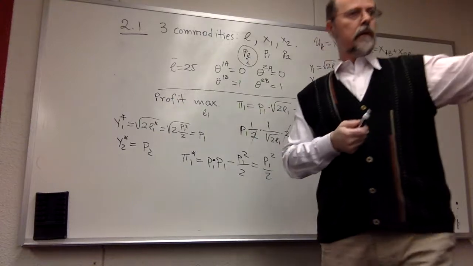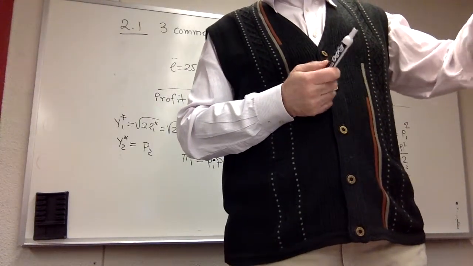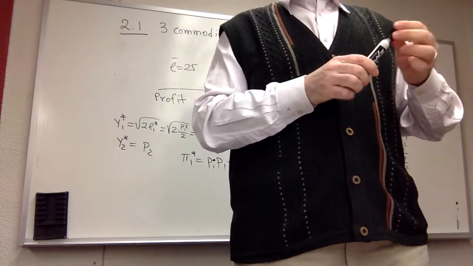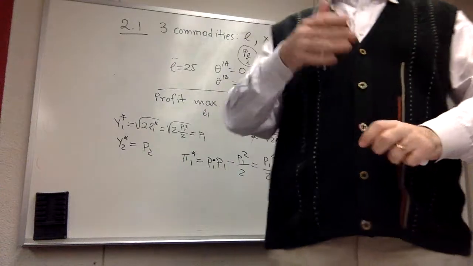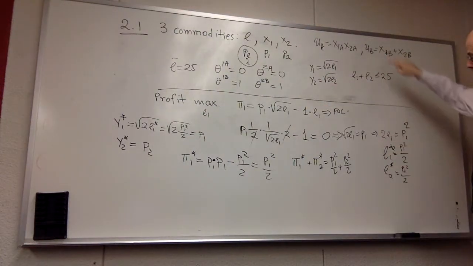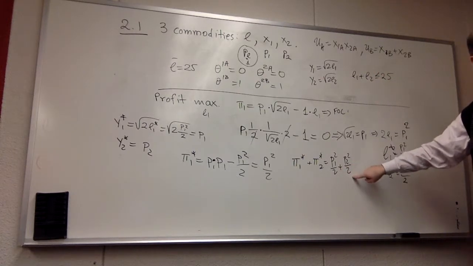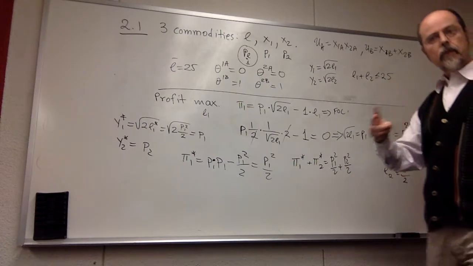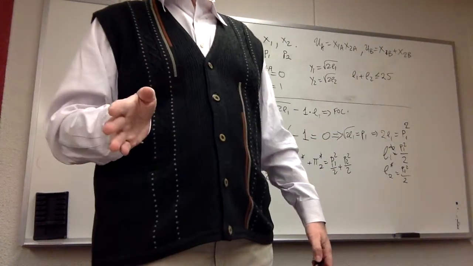So now you have a problem to maximize the utility of person 1 where the value of their expenses equals 25, and you maximize the utility of person B where the value of their expenses equals this, and from that you will have demand functions for both of them.